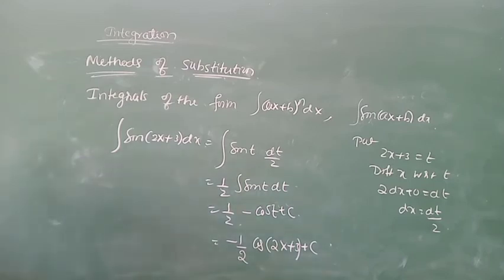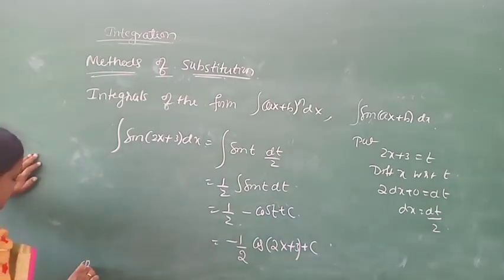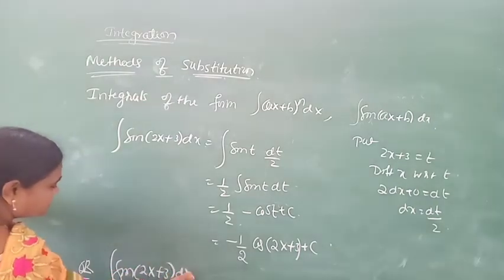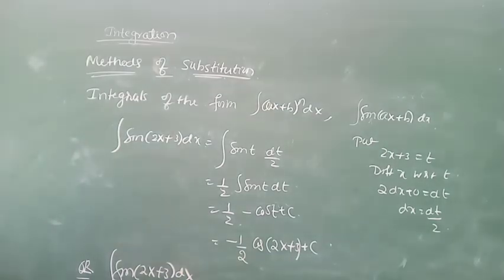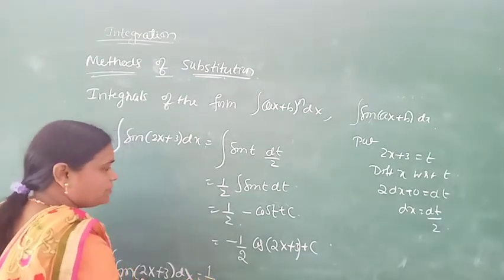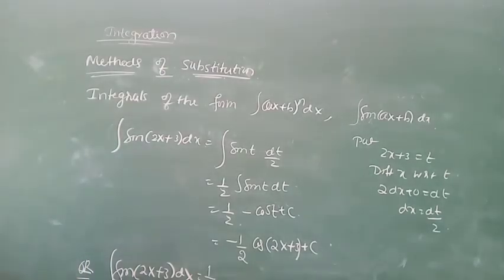And this one also we can do directly. The direct form is very simple. I will tell you how. Sine of 2x plus 3 dx. Correct. See, x power is 1, means it is linear, and x is multiplied by 2. What I mentioned, if it is multiplied, that one we are taking in the denominator, 1 by 2.